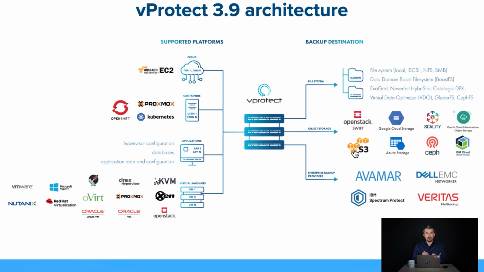The second type of storage that we support is object storage, starting from AWS, OpenStack Swift, Google Cloud Storage, and Azure Storage. So you can see that we support most of the vendors. And of course, S3 has different flavors like Ceph, IBM Cloud, Scality, or Oracle Cloud Infrastructure.